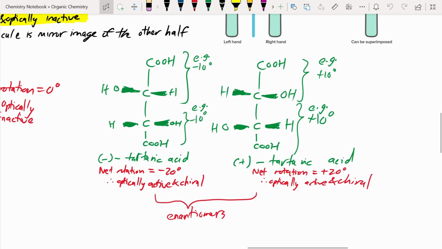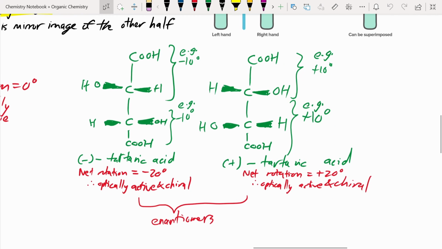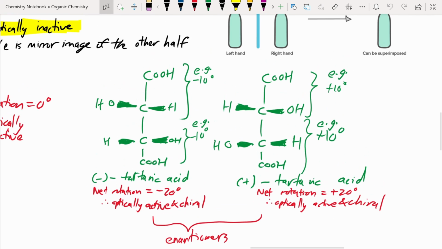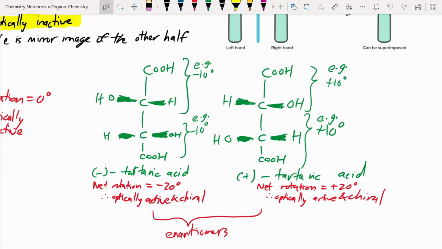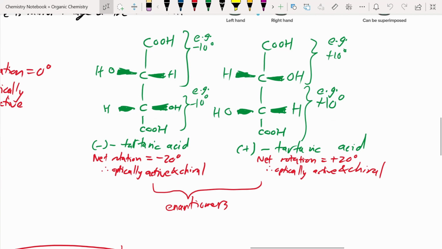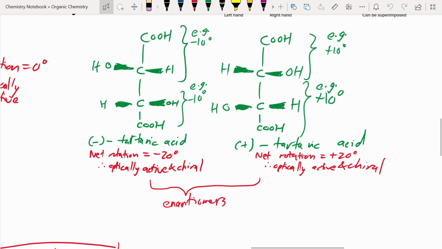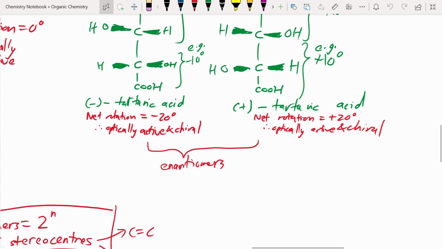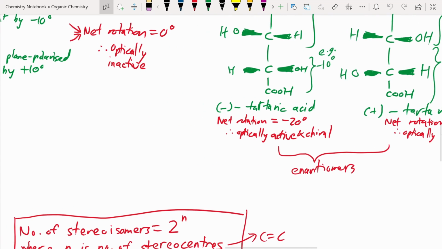As you can see here, these are enantiomers of tartaric acid, whereby the top and bottom have no internal plane of symmetry, and because of that, the two chiral carbons rotate plane polarized light in the same direction and the same magnitude, and that causes a net rotation that is not zero, and that's why it's optically active and chiral.